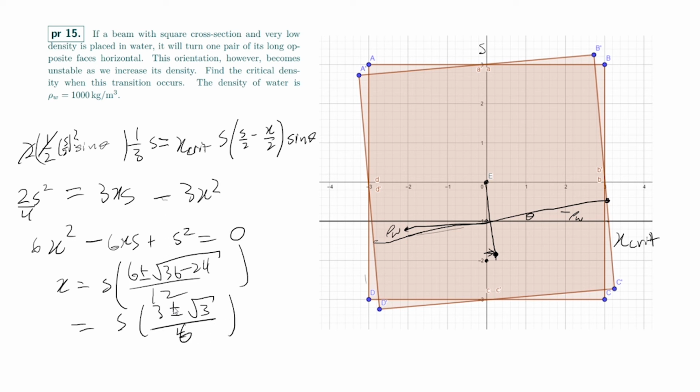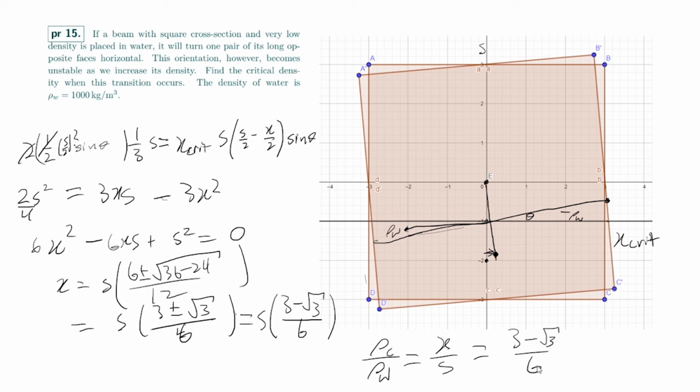And the relevant root here is, since we're looking for the critical density, which would be the smallest density, s times 3 minus root 3 over 6. So the critical density is rho c over rho w is equal to x over s is equal to 3 minus root 3 over 6. And we can just multiply out rho w to get the desired answer.